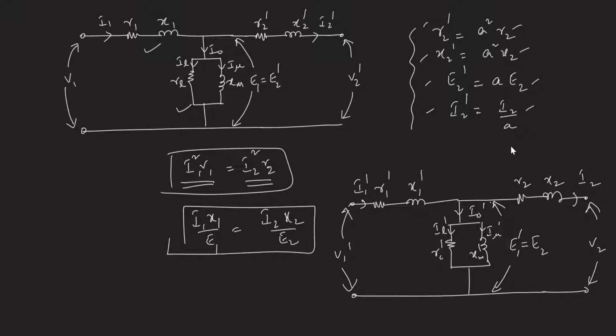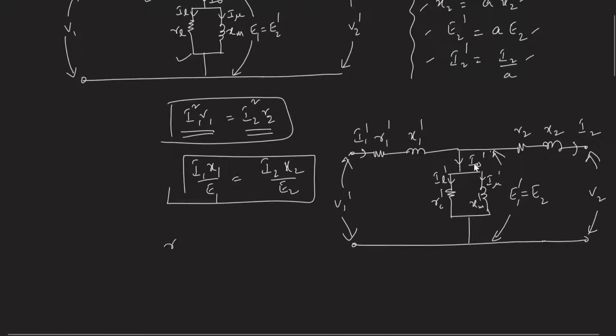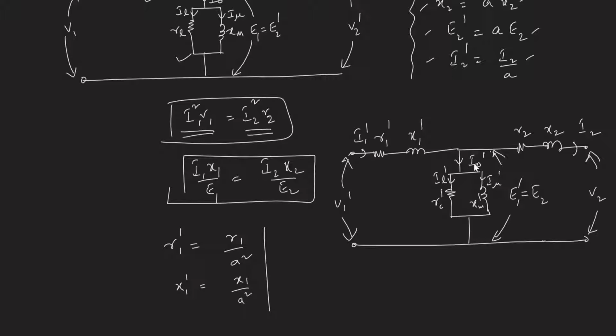So let me write down: R1 prime is equal to R1 by A square, and X1 prime is X1 by A square. Similarly, these two parameters as well: RC prime is equal to RC by A square, XM prime is equal to XM by A square, resistance and impedance values.